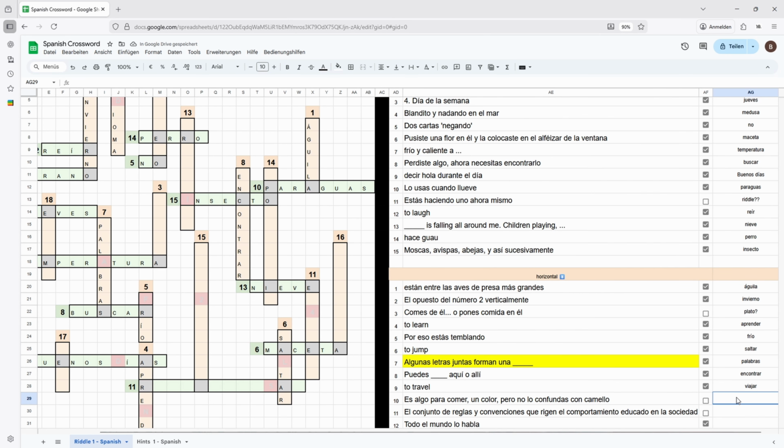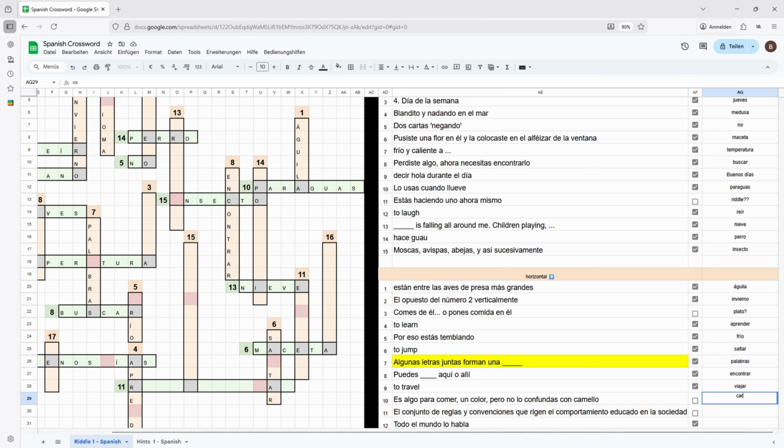Then "es algo para comer, un color, pero no lo confundas con caramelo." It's something to eat and a color, but don't confuse it with caramel. Oh no, caramelo. Oh, so it's caramel. Caramelo.